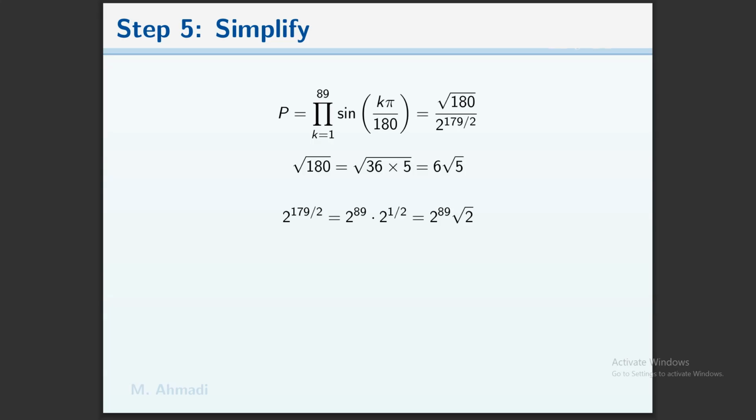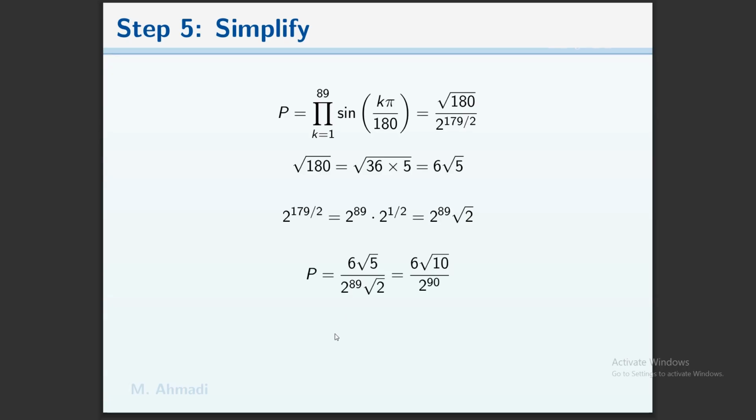We also know the square root of 180 is equal to the square root of 36 multiplied by 5, which is 6√5. Also, we know that 2^179 divided by 2 is equal to 2^89 multiplied by 2^(1/2), which is 2^89 multiplied by √2.